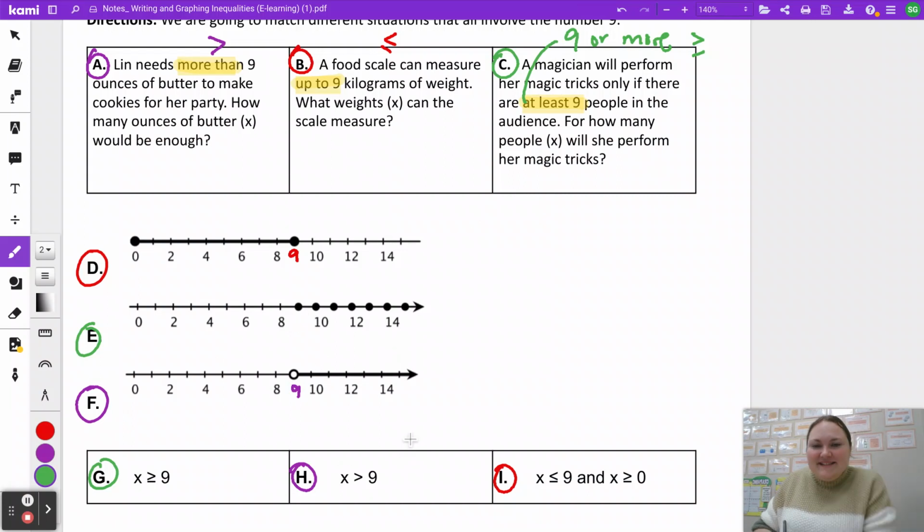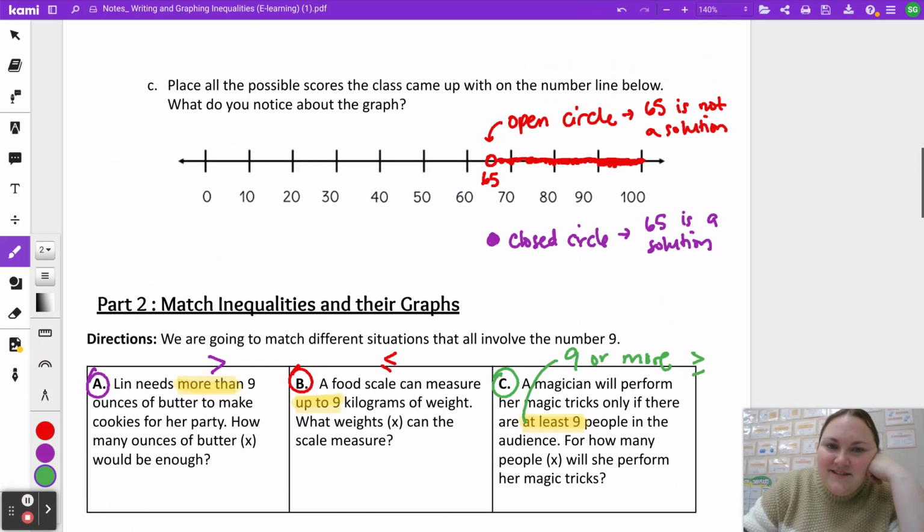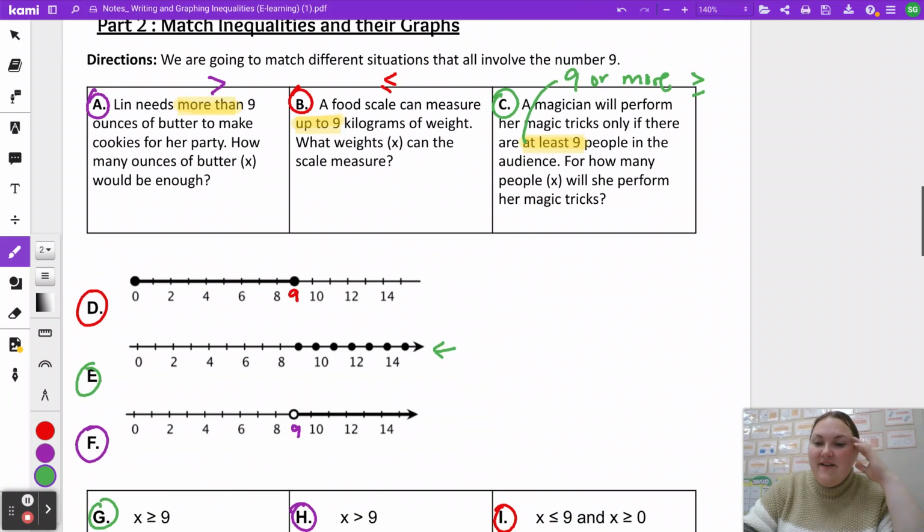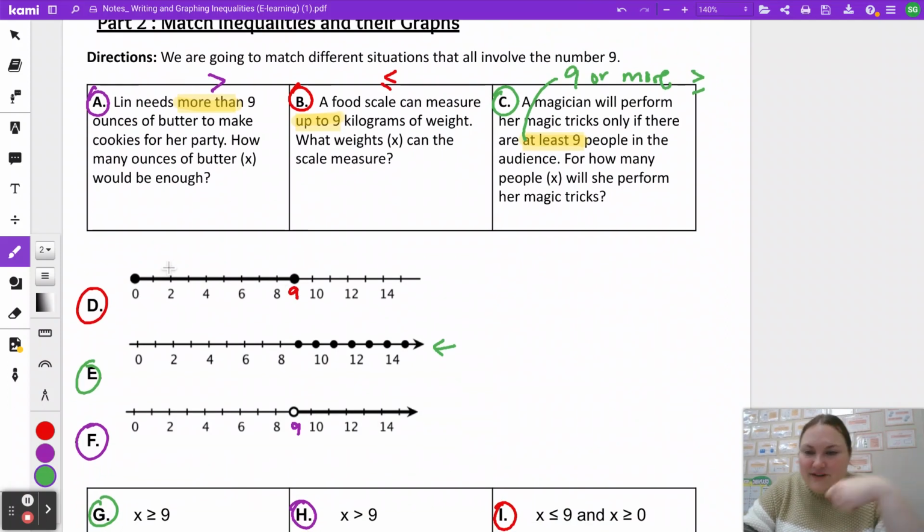There's a couple of things that I've saved for the end to talk through. The first one I want to talk about is why this graph looks different from the others. The graph for D and the graph in F, we just have it all shaded in the same way we did up here, right? We just colored in everything after 65. Here we've got everything below 9 colored in.